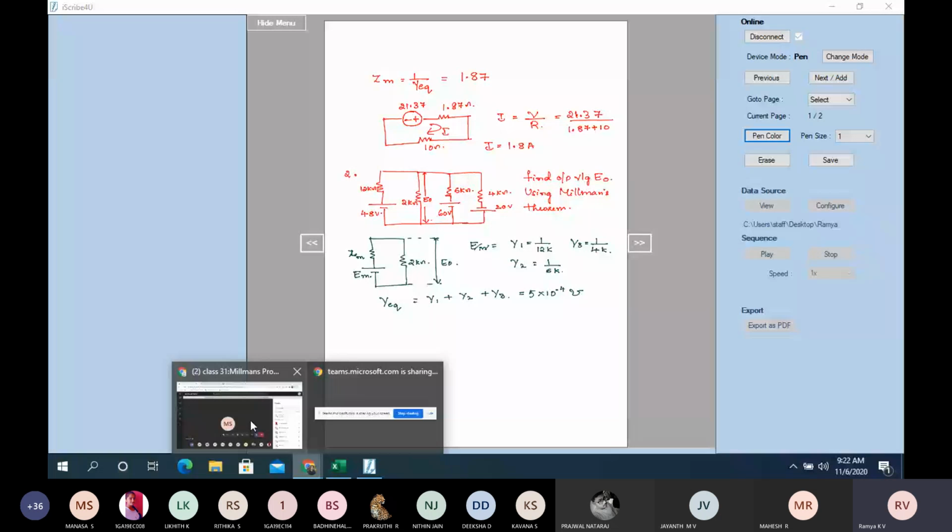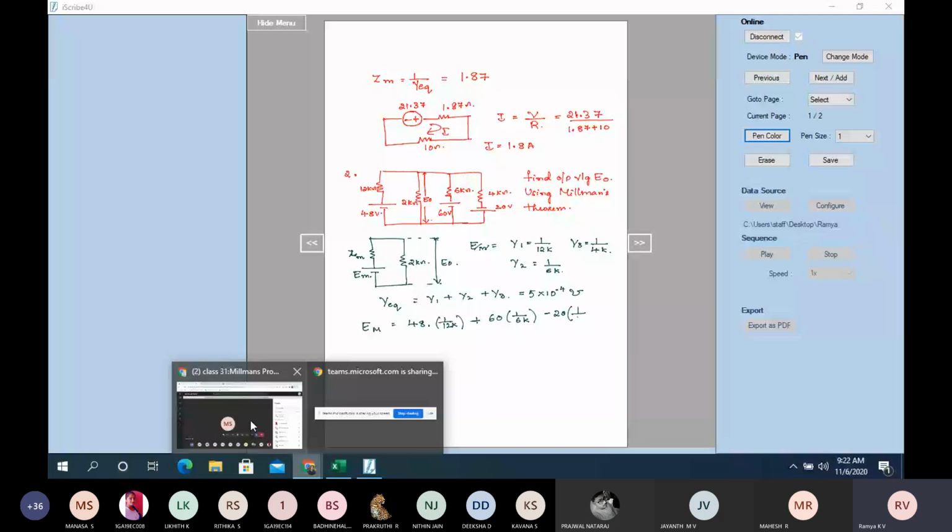You know, EM is E1 into Y1. So E1 is how much? 48 into 1 by 12K. Then plus 60 into 1 by 6K. Then minus 20 into 1 by 4. Very good. Just watch out here because the voltage source is connected in reverse direction, so I'm taking it as minus 20.